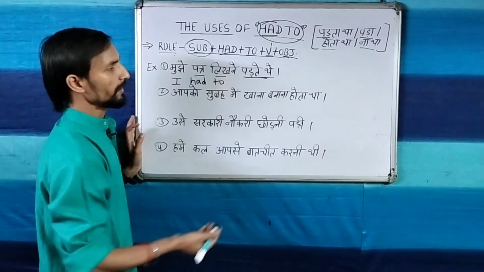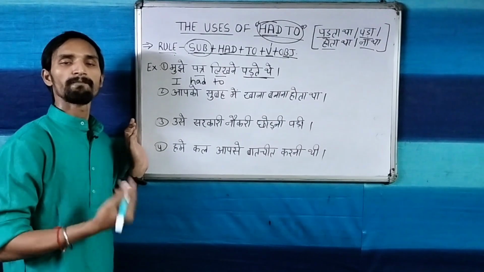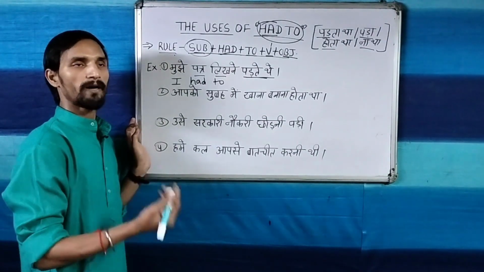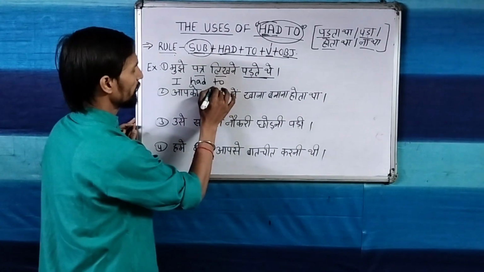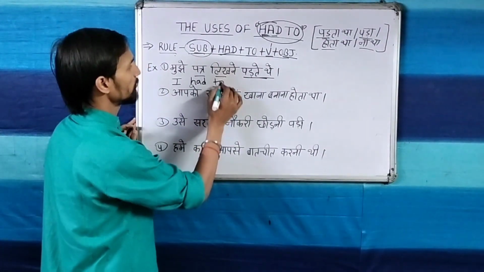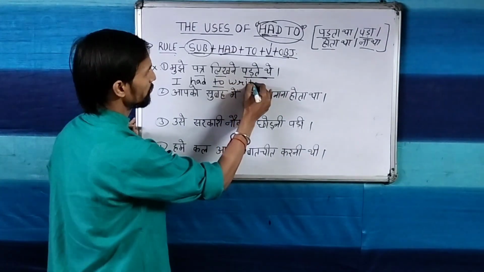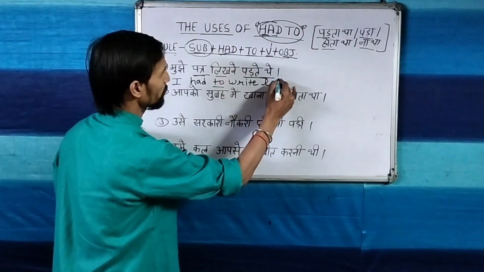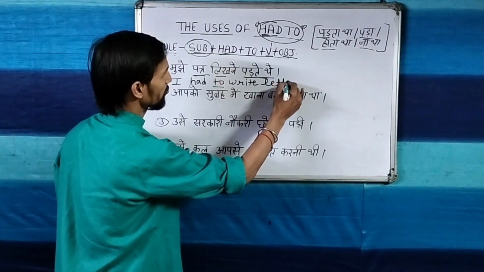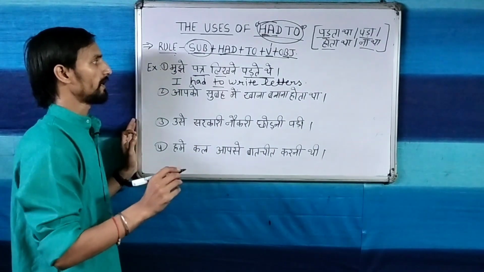So such a sentence which talks about obligation, necessity or compulsion, in the past we use the had to word. After had to, we write the verb: I had to write patra. We are talking about many letters, so the word letters will come: I had to write letters.